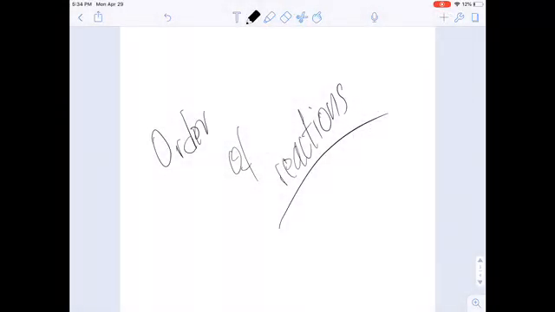Orders of reactions are often classified as zero order, first order, second order, mixed order, or higher order.